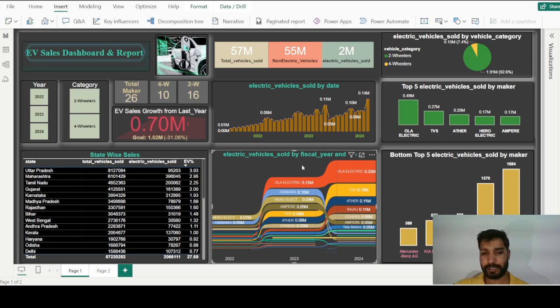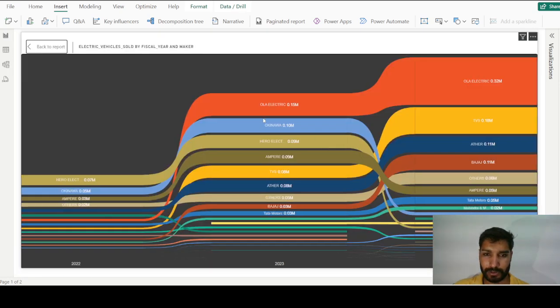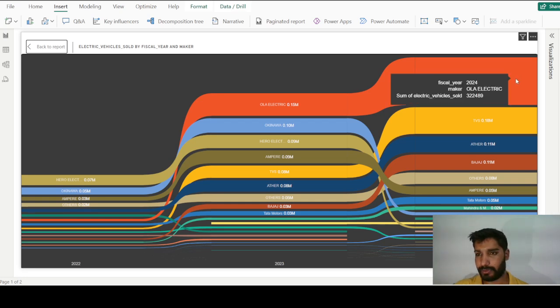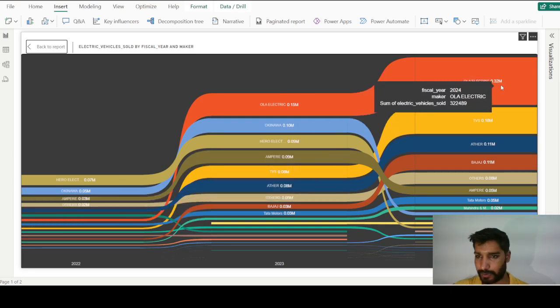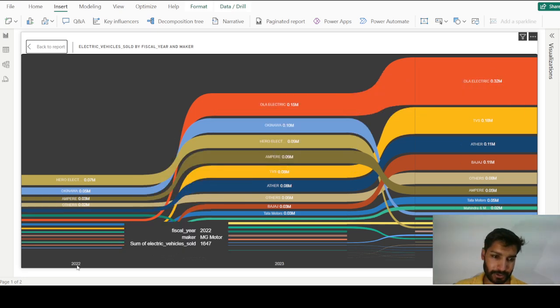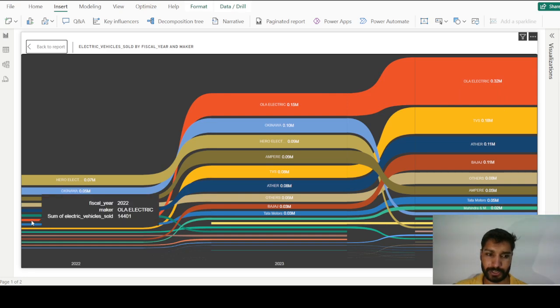And this is about the makers' rank. I will take it in focus mode. In this graph we can easily see Ola Electric is on first rank, and in 2022 Ola Electric was in the middle of all the makers.